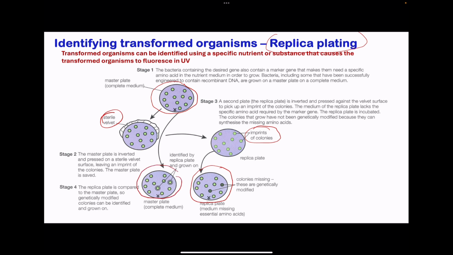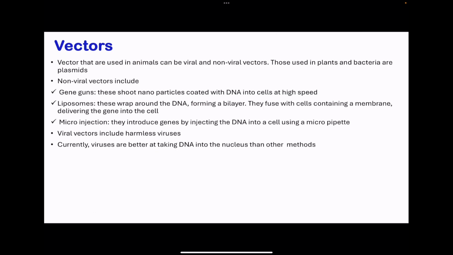For example, this colony, that and that, are present on the master plate, but they are missing on the replica plate. These are the colonies of the organism, like in this case, that were transformed. So we can pick from that specific colony or the two colonies and culture, because those are going to be the microorganisms that were successfully transformed.